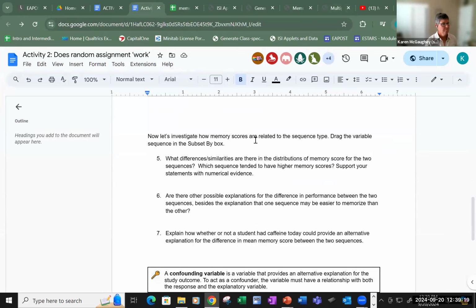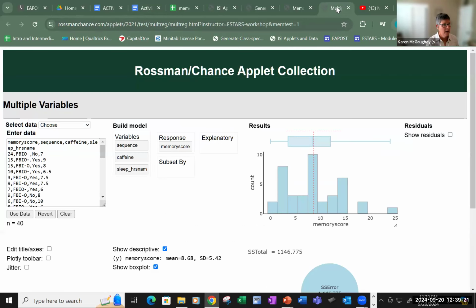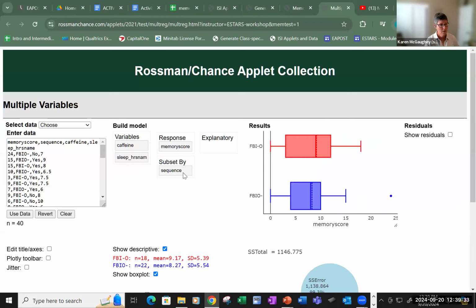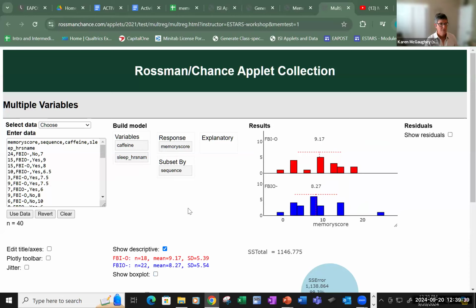So then the next thing I would want them to do is to investigate how memory scores are related to the sequence. So in the applet, I think the simplest thing to do at the beginning with students is to drag sequence into the subset by box here, and that will provide two graphs, one for each sequence.